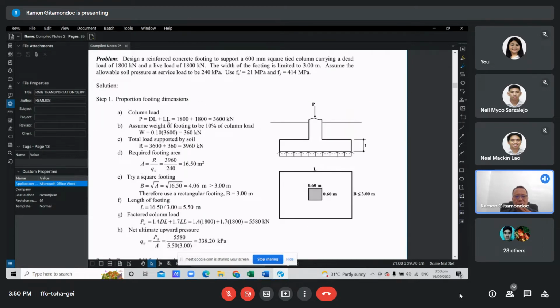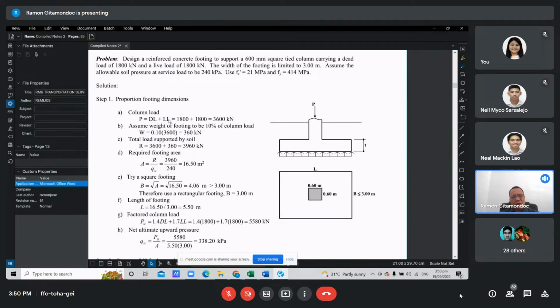Okay, so step one, we proportion the footing dimension based on service load condition. So we compute the total column load, which is the sum of the dead load and live load. In this example, we consider only these, but in later discussion, we will be considering also seismic loadings, no? So we're going to focus on illustrating the design of axially loaded footing.